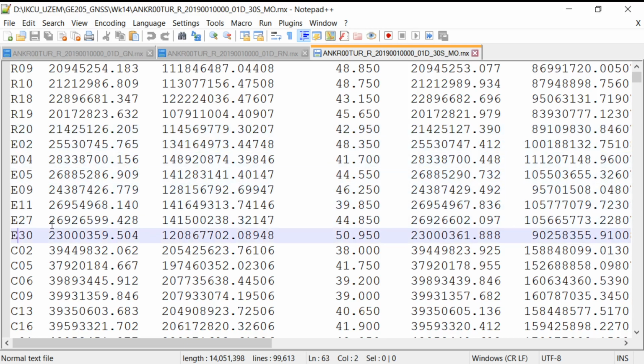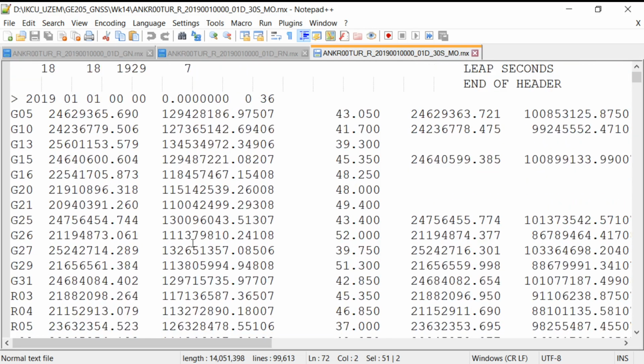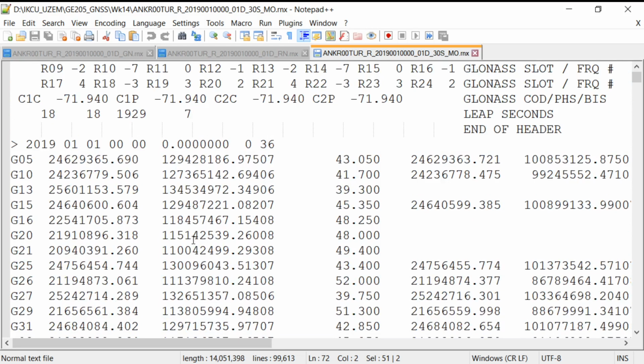That's in total 27. And the Chinese system, 1, 2, 3, 4, 5, 6. So this makes 33. And one Japanese satellite was observed, and two EGNOS satellites were observed. In total, 36 satellites were observed at this very time.